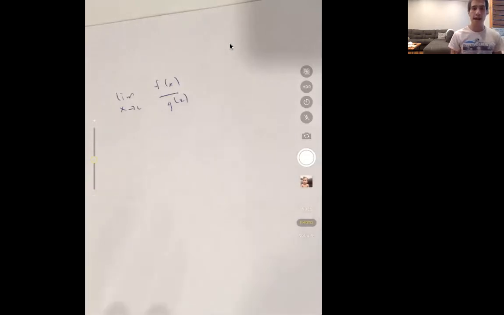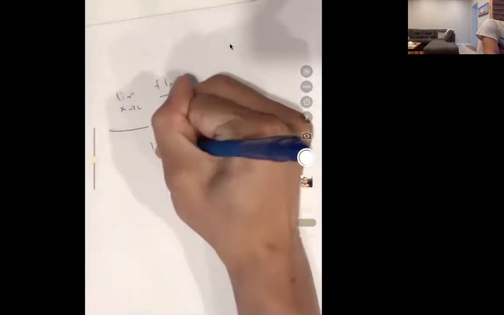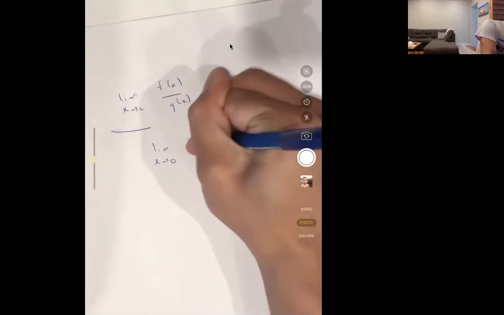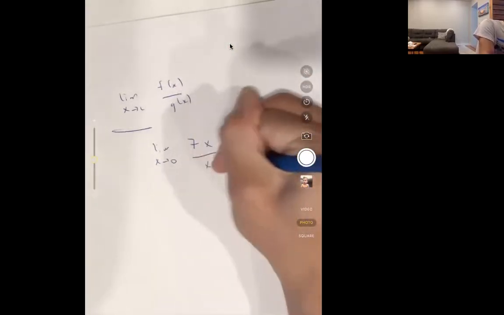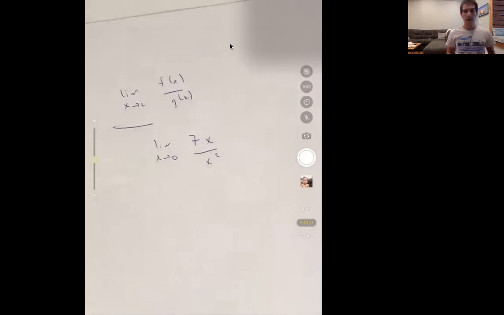So I want to show you that anything can happen in this case. So if I look at, for example, the limit as x goes to 0 of, let's say, 7 times x divided by x squared, this is sort of the same function as 7 over x.